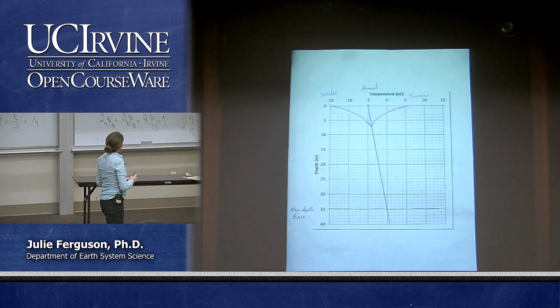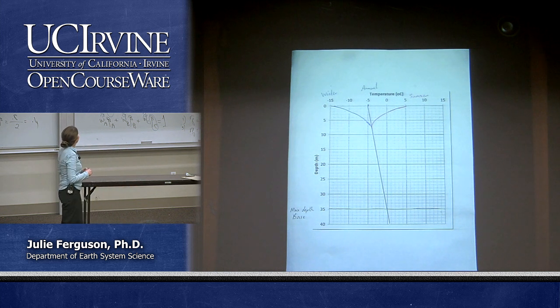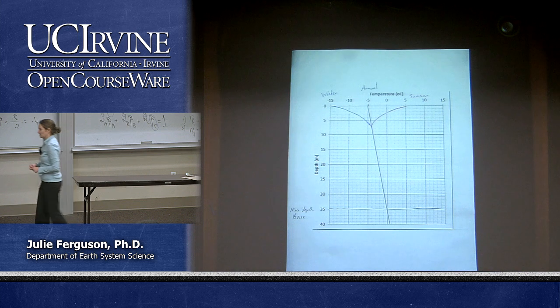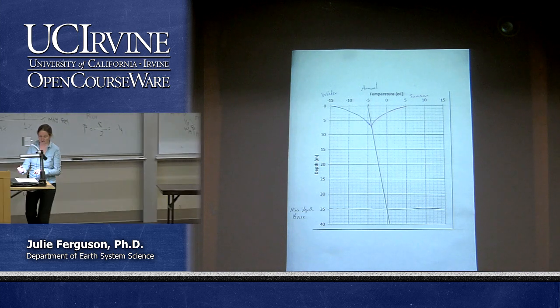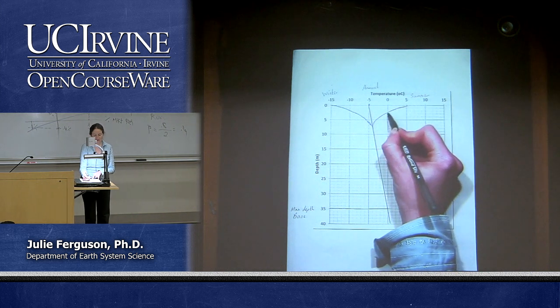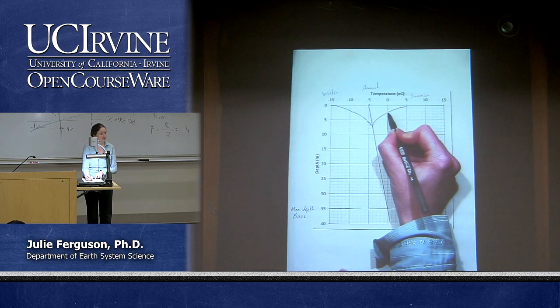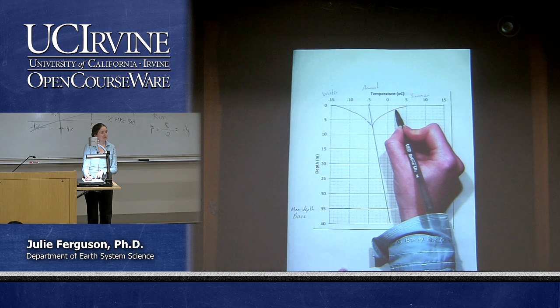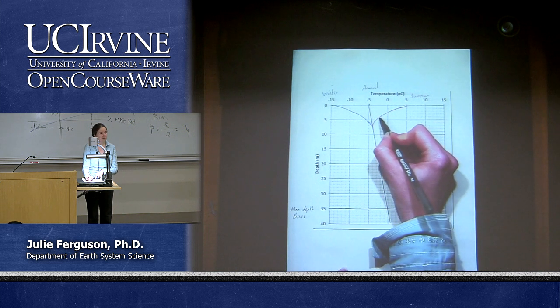So what depth is the top of my permafrost going to be? 7. I like 3 a lot better than 7 or 8, okay? Everyone's looking stunned still. But you can see that now this is where my summer temperature crosses 0 degrees Celsius. Above that, my soil is warmer. Below that, my soil is colder.